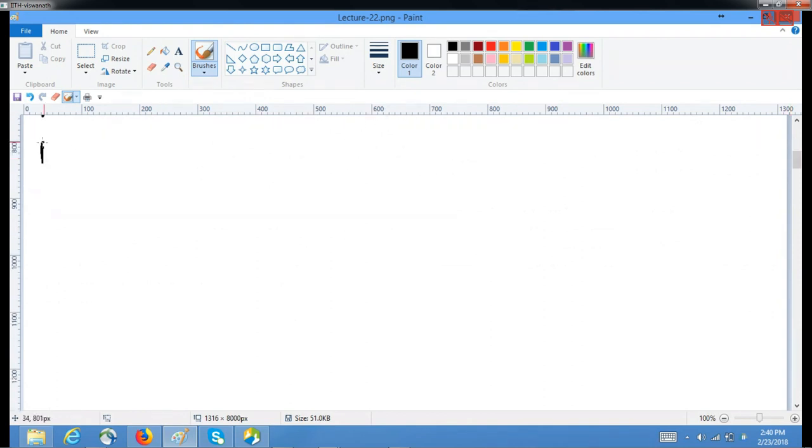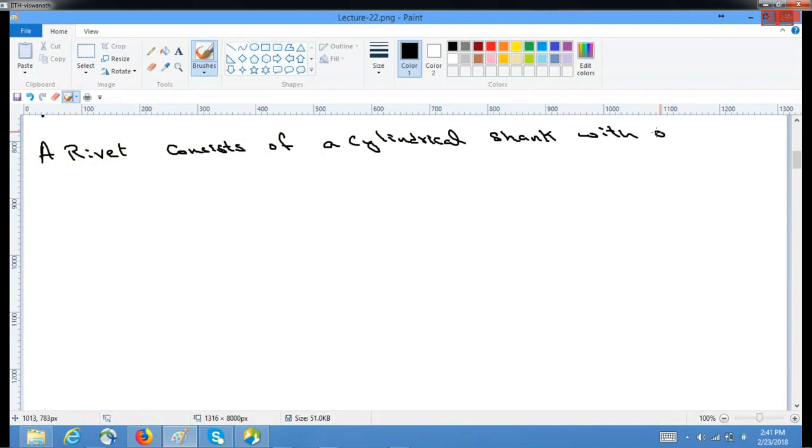So a rivet consists of a cylindrical shank with one end having a head, as shown below.